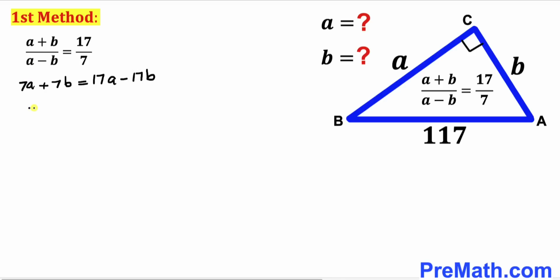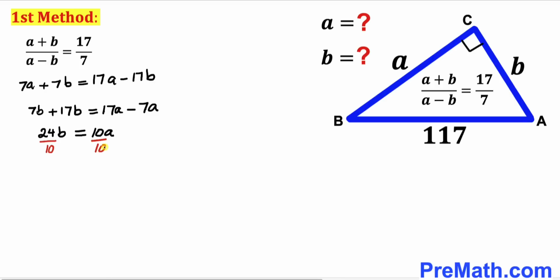So we can write 7b plus 17b equals 17a minus 7a. If we add them, that gives us 24b equals, and here we subtract, 10a.